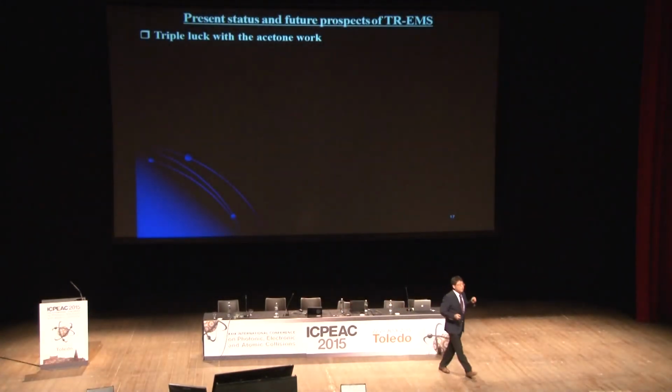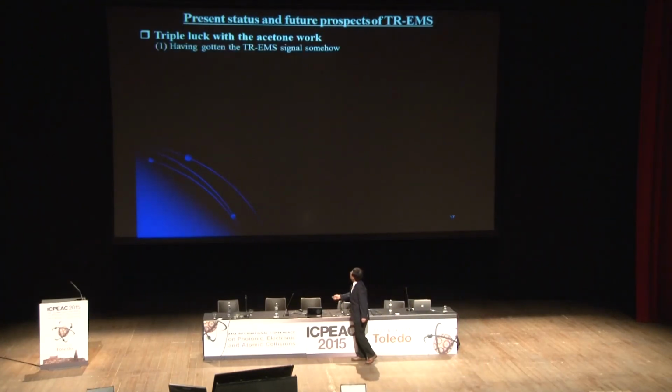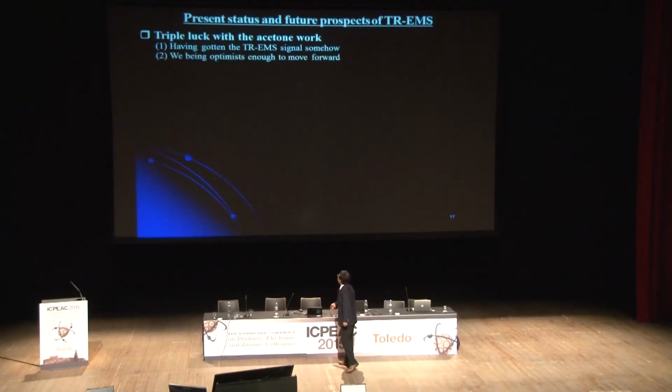We have had good luck in carrying out this work in the following 3 points. Firstly, we eventually got the signal somehow. Secondly, you may be feeling hopeless with the poor quality data, but we are not, because we are optimistic enough to move forward.